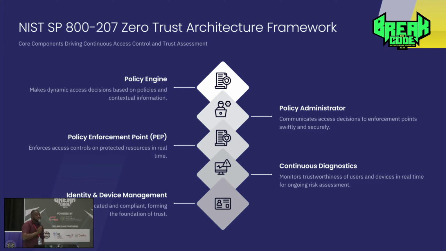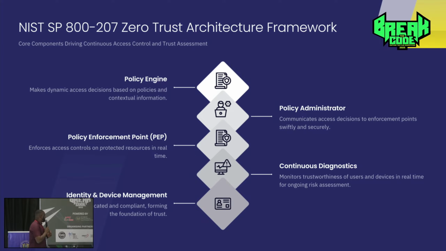Now, one of the frameworks that help us achieve ZTA is NIST 800-207. This is a zero trust architecture framework by NIST. These are the core components. There is the policy engine, which makes dynamic access decisions based on policies. It has to do with permissions.